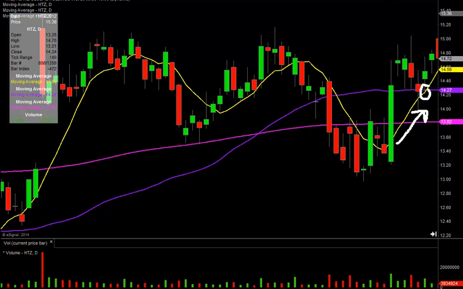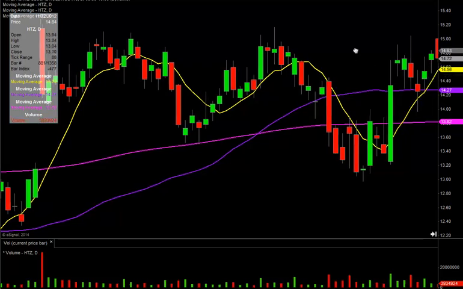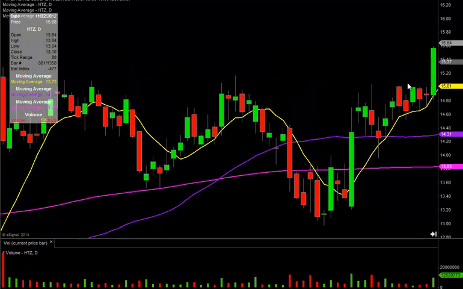And on top of that, it's not like this was a nasty candle. It was an indecision candle forming right around this key area of support while the short-term river has gone bullish. So it shouldn't be shocking at all to see why the price headed back up. And you can see it then made a big move up, and eventually the short-term river kept on carrying it. So it turned out okay.